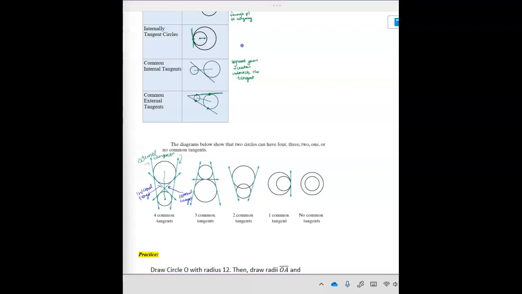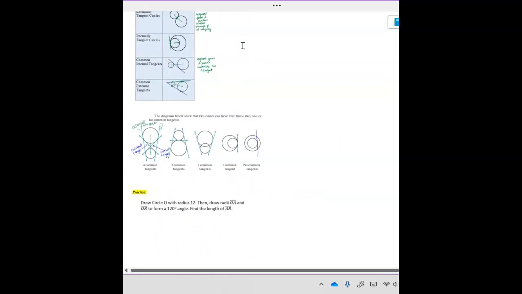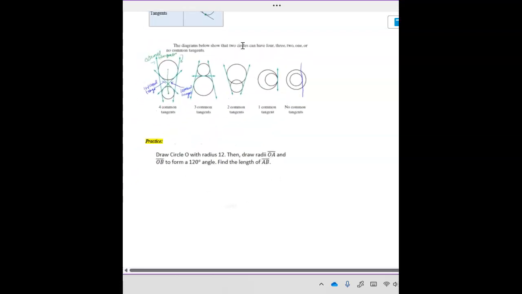Here in the next one, we only have 1 common tangent, and those circles are internally tangent, right? Because one's inside of the other. And then lastly, we have some concentric circles, and concentric circles are going to have no common tangents. Because if you drew a tangent of that inside circle, it's going to end up being a secant of the bigger circle. So let's look at a situation and something we could do here.